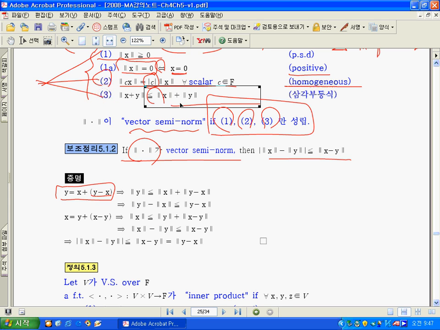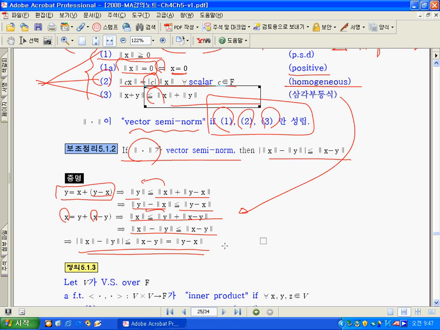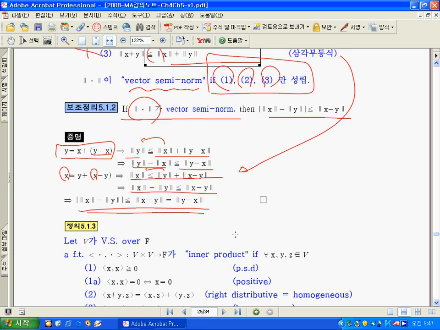Then from the triangle inequality, we can write in this way. Then we can move this one back to this. That gives us 1. And also x can be written as y plus x minus y, and adopt this triangle inequality because it is a semi-norm. So we can move this one back to here. That gives us this. So if we have a vector semi-norm, that always holds.